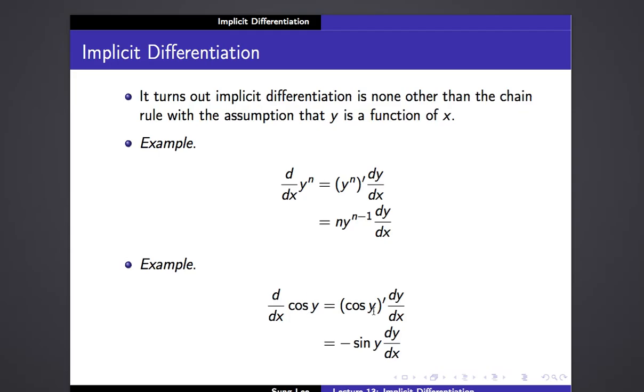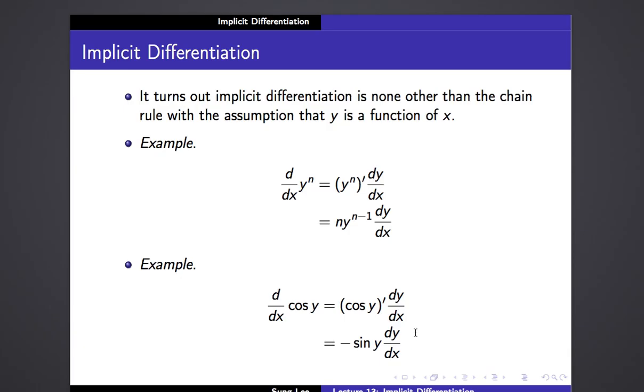First, you take the derivative of cosine y with respect to y, which is represented as cosine of y prime. You have to multiply that by dy by dx, by the chain rule. So that is negative sine y times dy by dx.